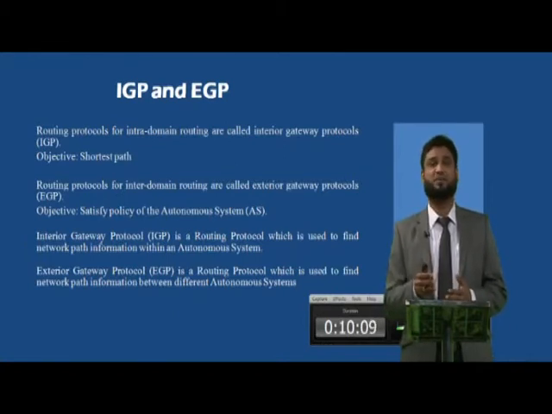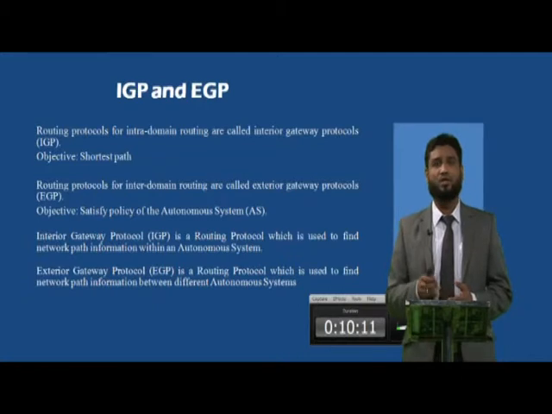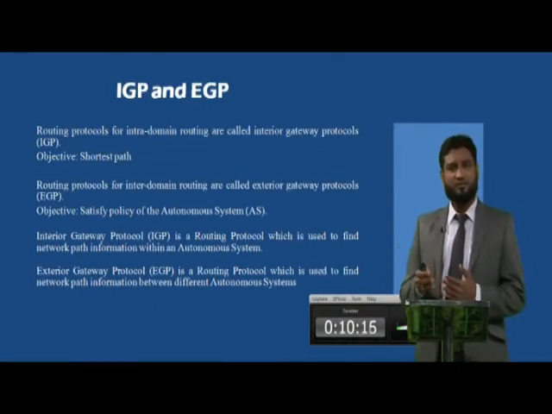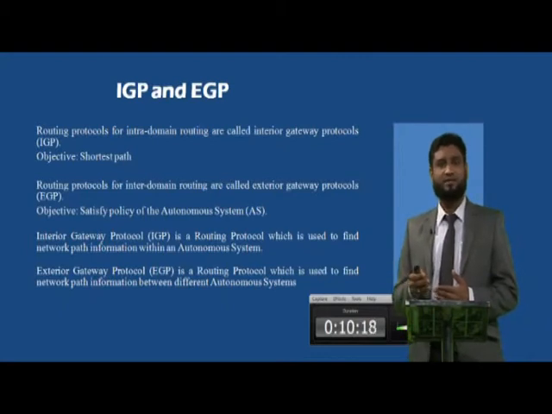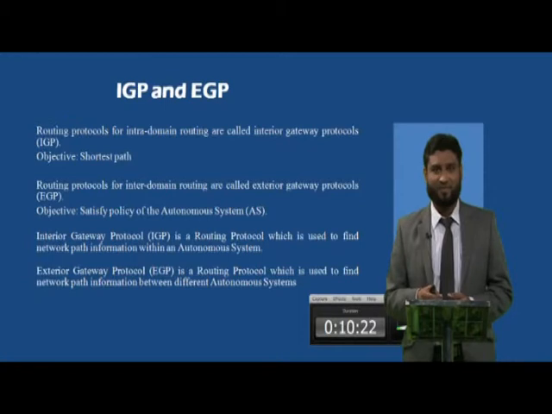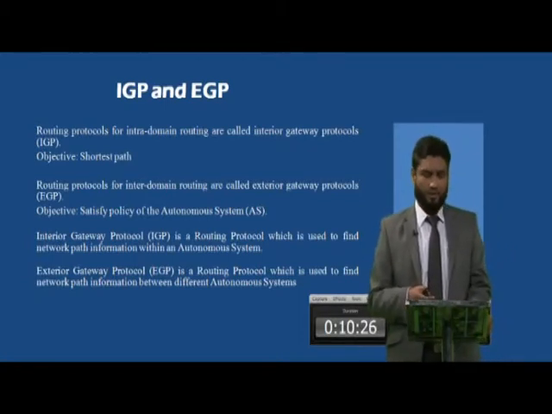Which is this? BGP, border gateway protocol. So the border gateway protocol is used to interconnect these two different autonomous systems. This is the speciality of these two routing protocols.